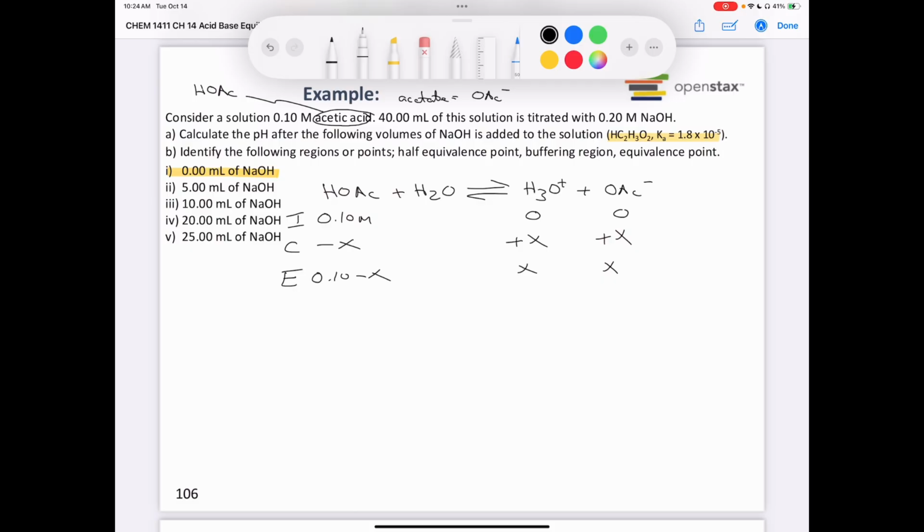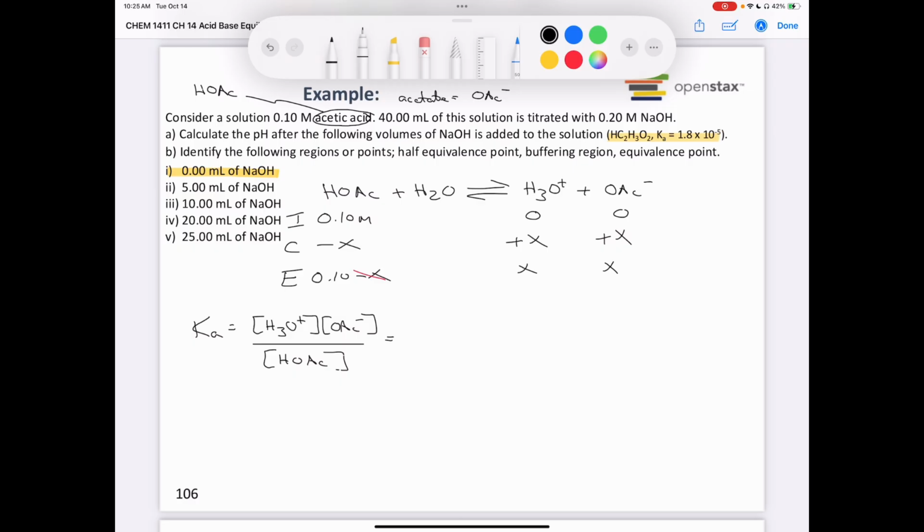So we're going to assume that we can ignore this x here, and of course we'll check our assumption. We know our Ka, and since we're starting out with our acetic acid, we're going to use Ka. Our Ka is equal to the concentration of hydronium times the concentration of acetate divided by the concentration of acetic acid.